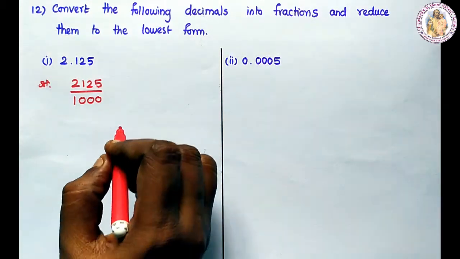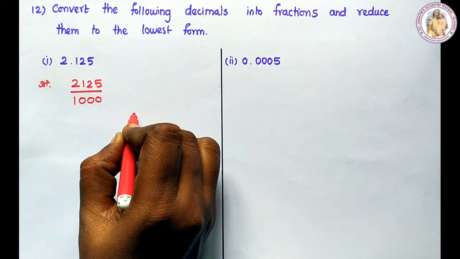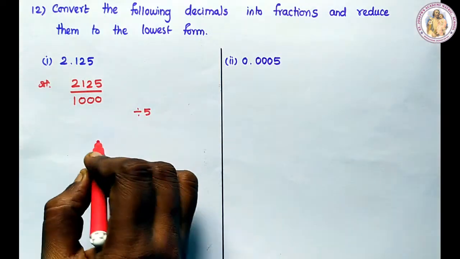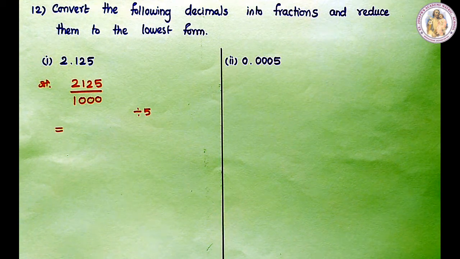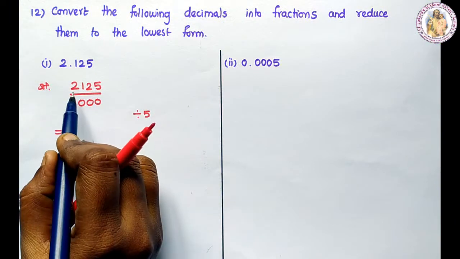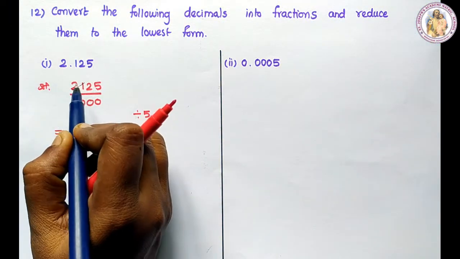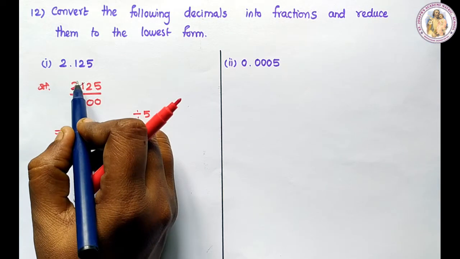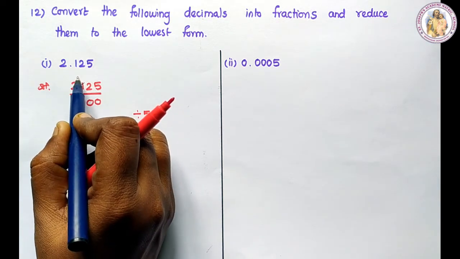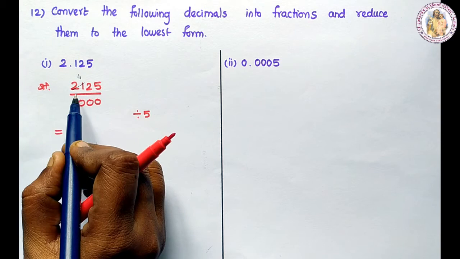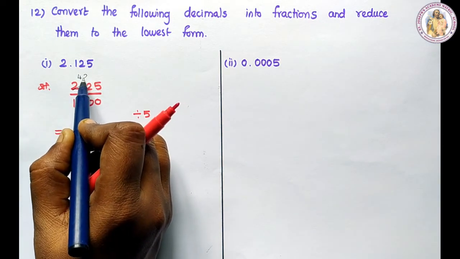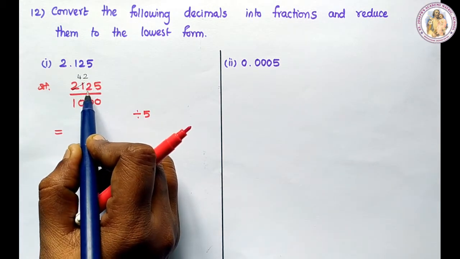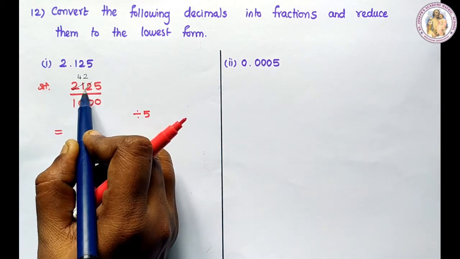First divide by 5. Both the numbers are divisible by 5. So 4 5s are 20, balance 1, it becomes 12. 2 5s are 10, balance 2, it becomes 25.